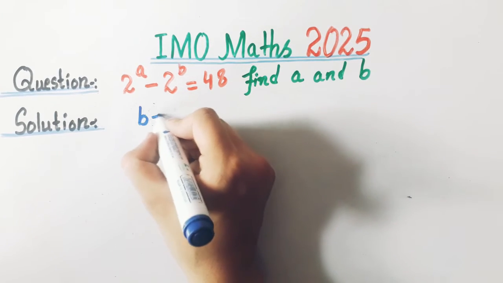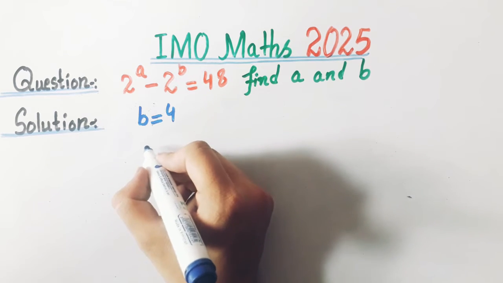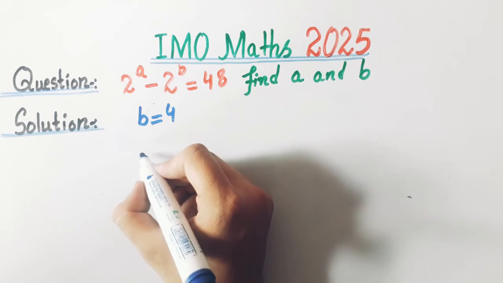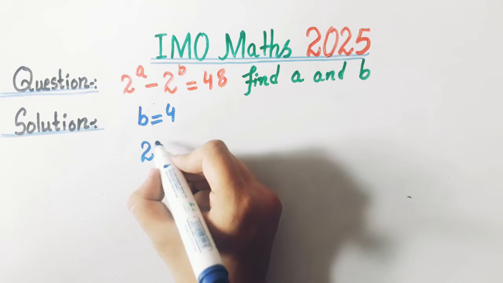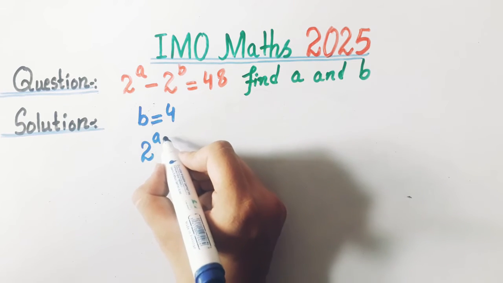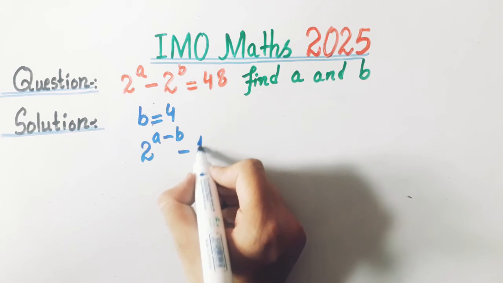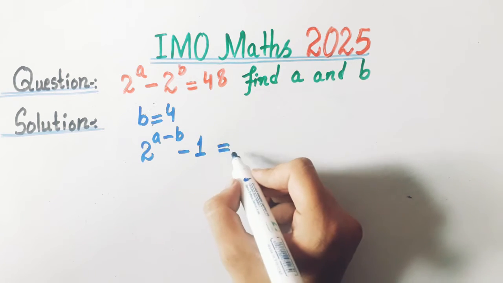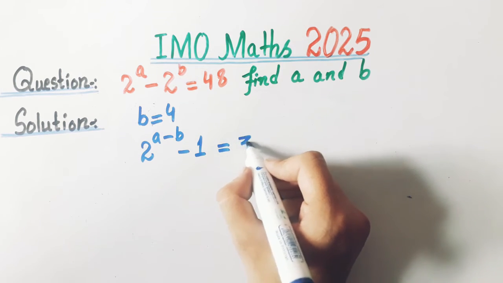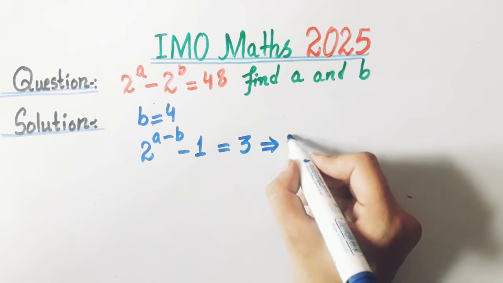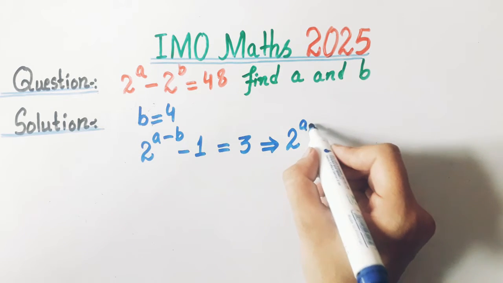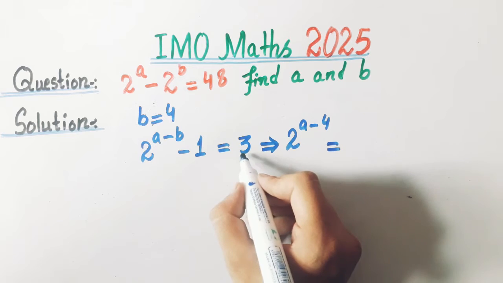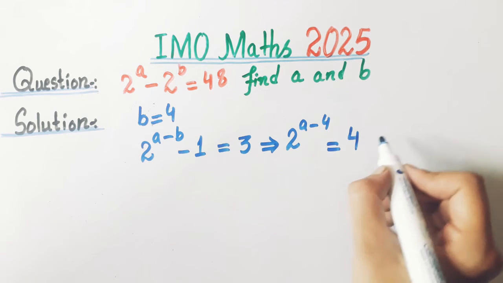So we can get the value of a such that 2 raised to power a minus b minus 1 is equal to 48 divided by 16, which is 3, which implies that 2 raised to power a minus 4 is equal to 3 plus 1, that is 4.